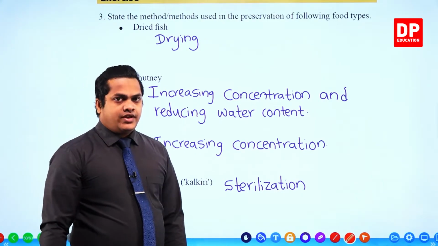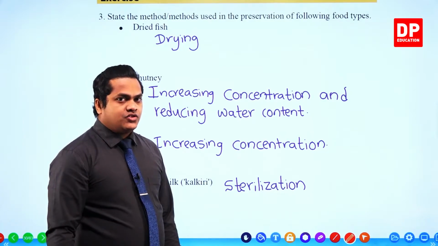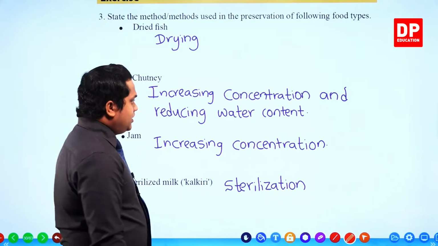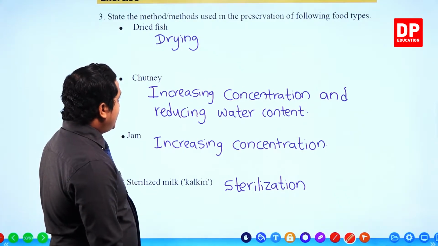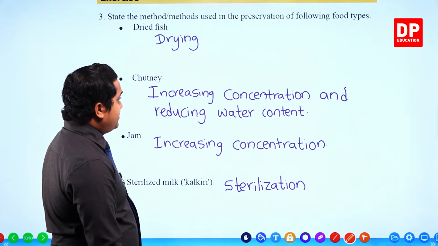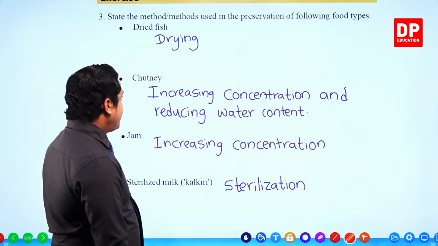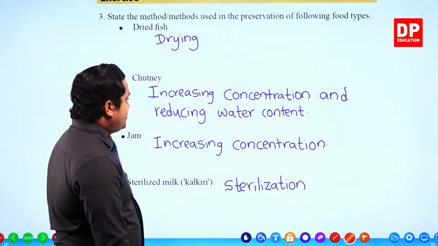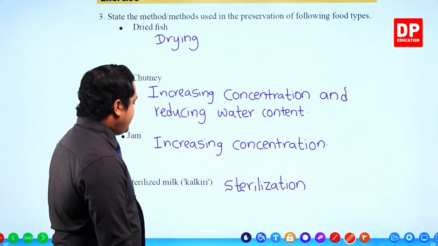Kalkiri or sterilized milk is made by sterilization. So my dear children, these are the answers for the types of preservation. For dried fish, it's drying. Chutney, increasing the concentration and reducing the water content. Jam, we increase the concentration.